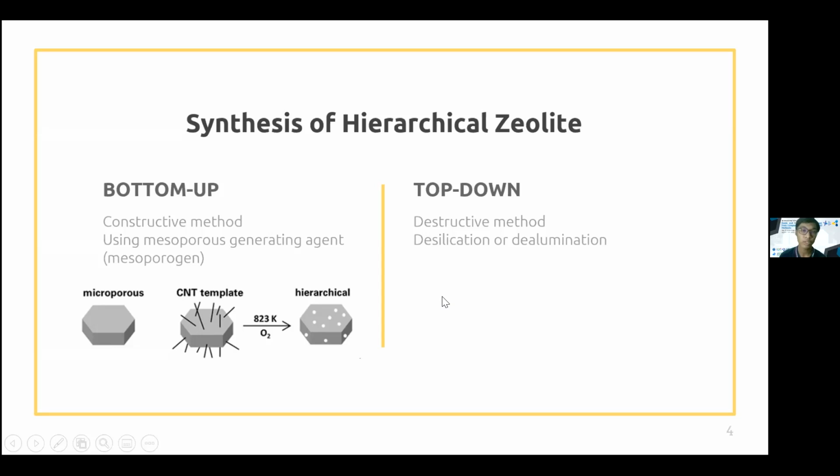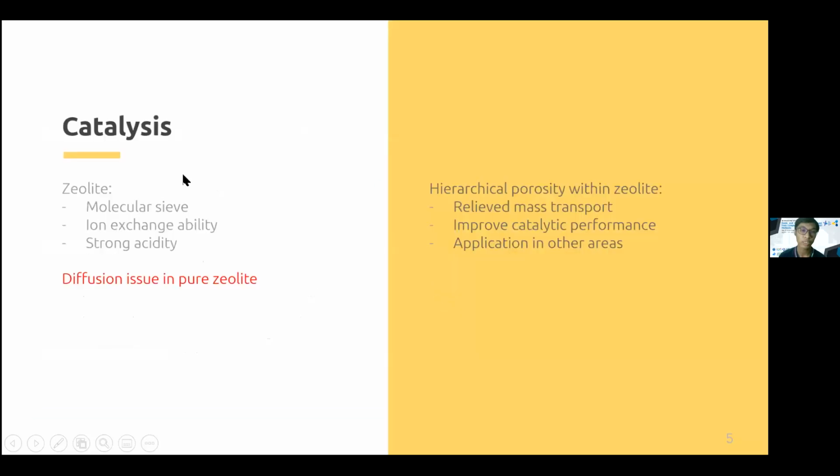And the last part is the application of zeolite catalyst. The properties of zeolite include molecular shape selectivity.